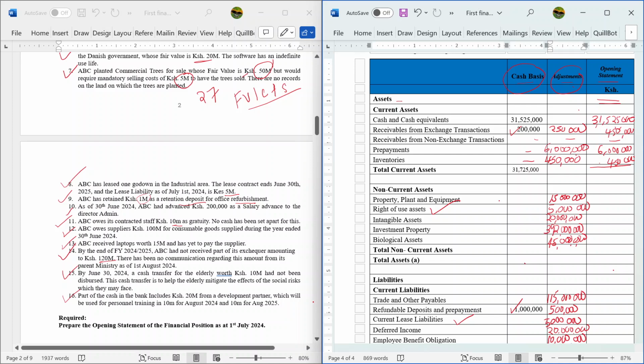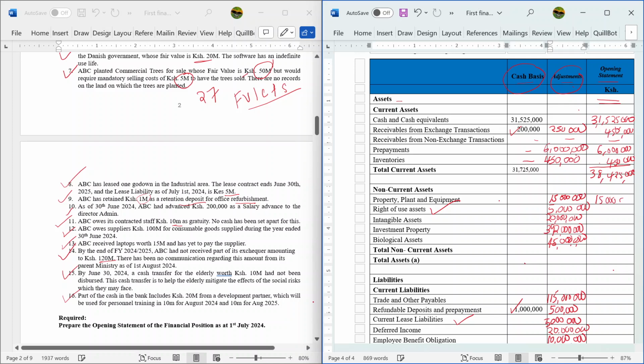That is 38 million 425,000. How much is our property, plant, equipment?